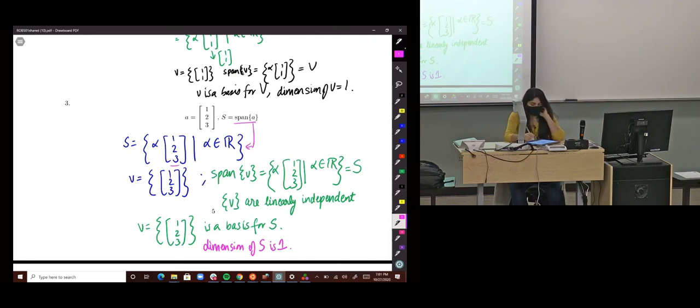So from there, you see that the span of this v element is equal to S, and then from there you want to check if all the elements in v are linearly independent. If they're not, then remove the element that is dependent, and you'll still have the same span, and that will be your basis vector.